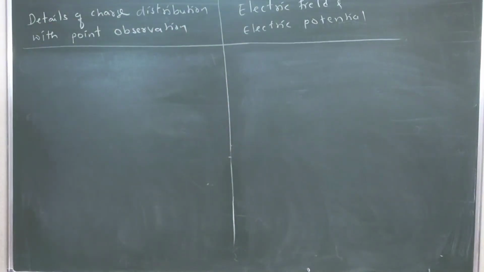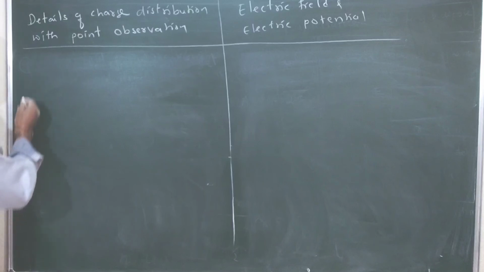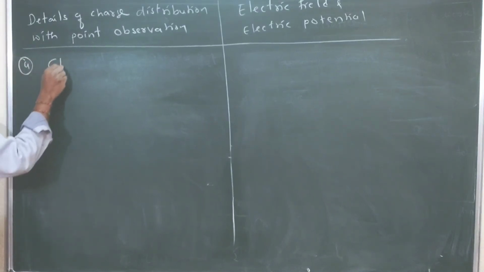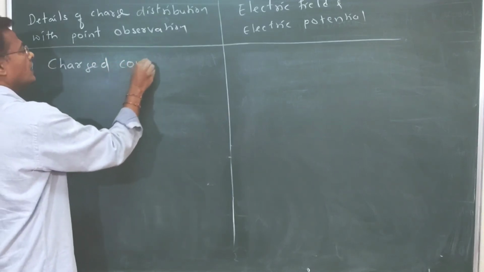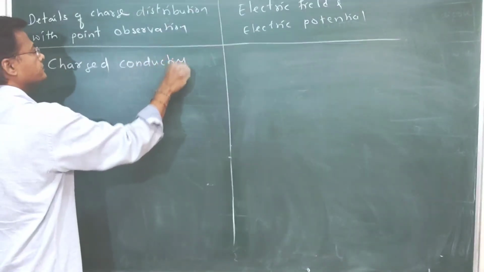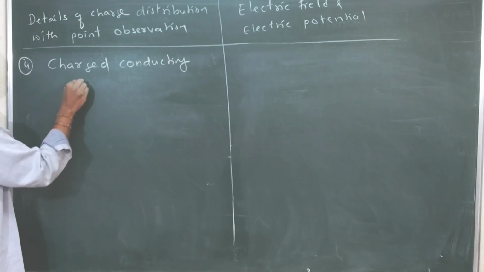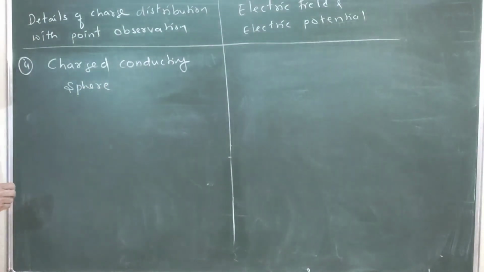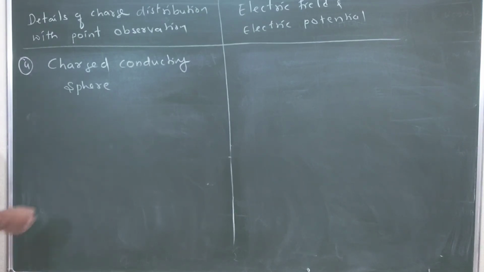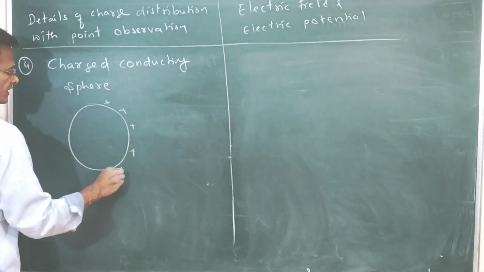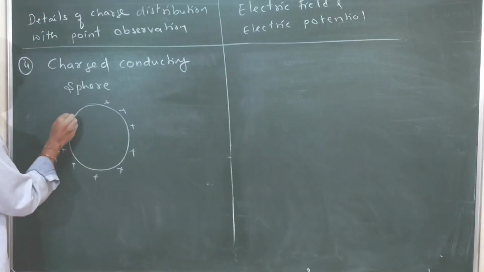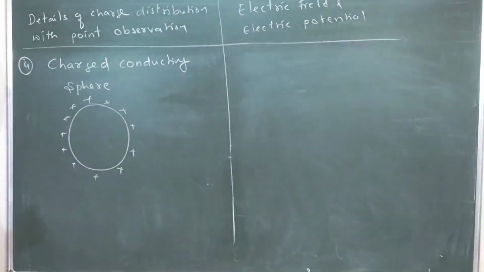Next we can see the charged conducting sphere. Charged conducting sphere means the charge is uniformly distributed on the sphere.